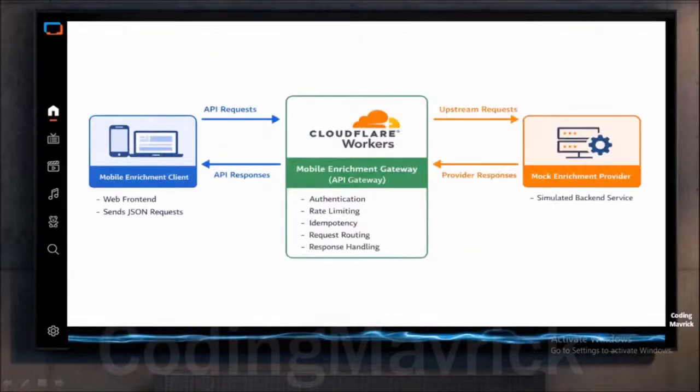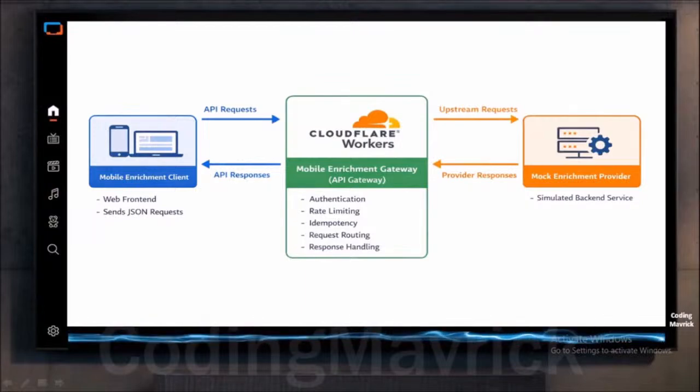The client does not handle authentication, rate limiting, provider selection, or error mapping. All of that logic is centralized inside the API gateway, exactly where it belongs. This separation of responsibilities is exactly what makes API gateways so powerful in modern distributed systems.